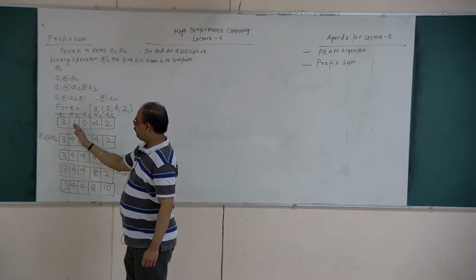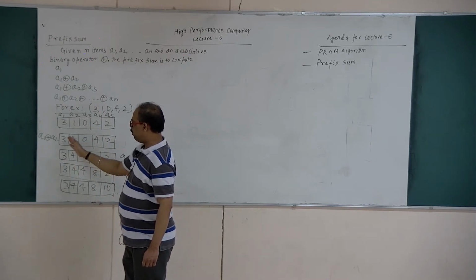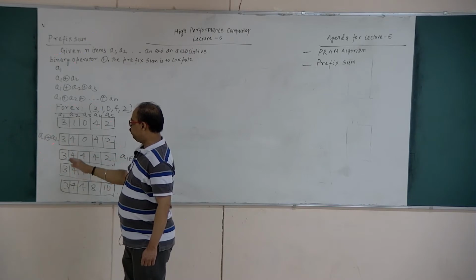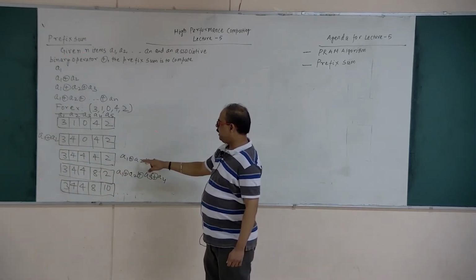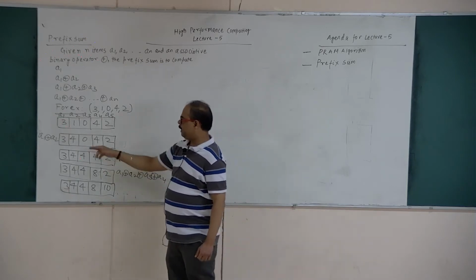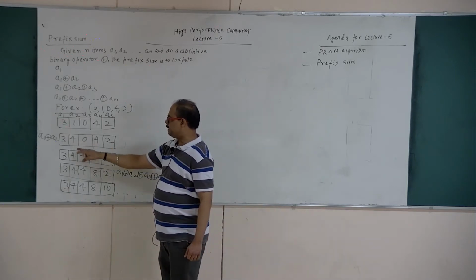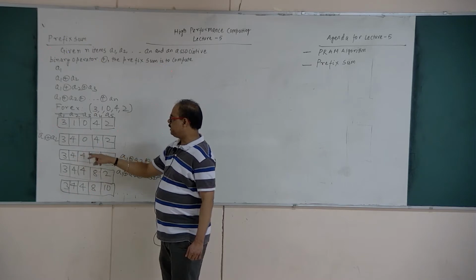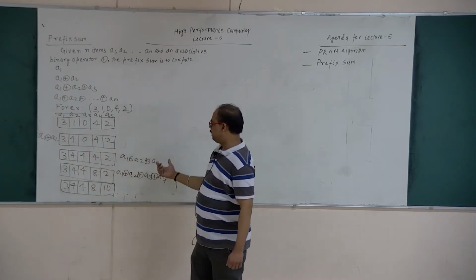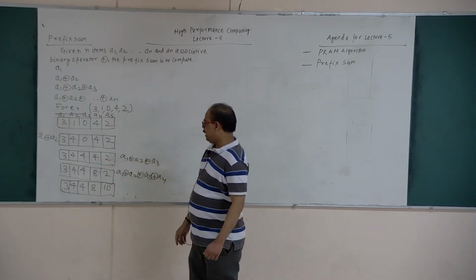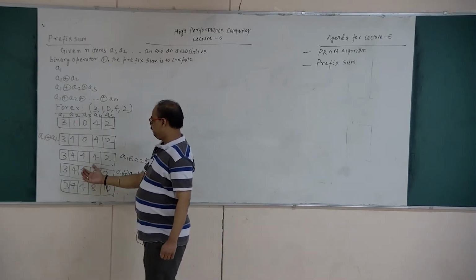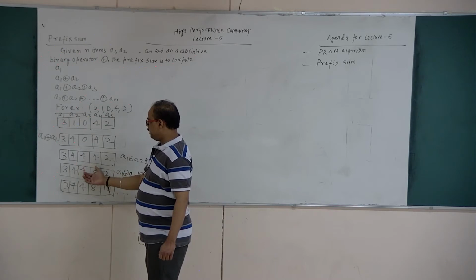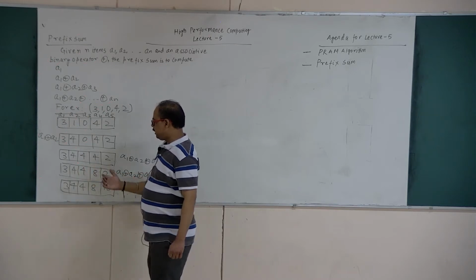Similarly, 4 is the addition of A1 and A2, and in the next step we add A1, A2 and A3. A1 and A2 are already added, that is 4, and 4 is added with 0, so it gives 4. This is the third step, and next we add A1 plus A2 plus A3 plus A4.